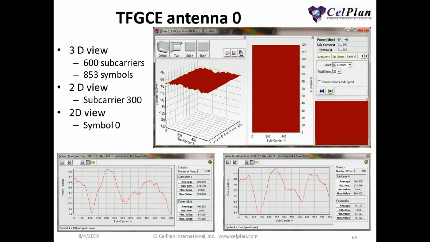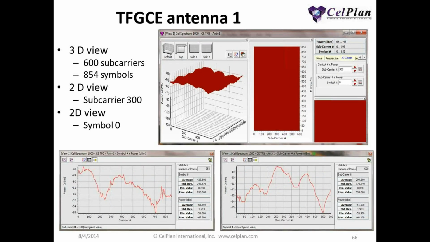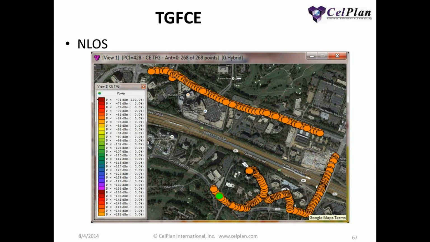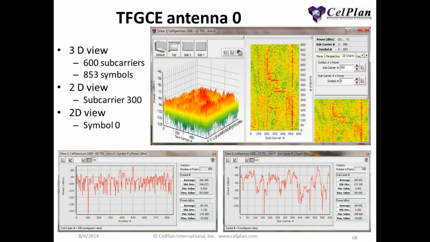So we cannot assume they are the same, and this amount of difference is what will really allow us to use MIMO or not. So we have to develop a special analysis to be able to analyze where we can use MIMO and where not. And this is for non-line of sight. You can see that it's much noisier, and also the antennas are not exactly the same.